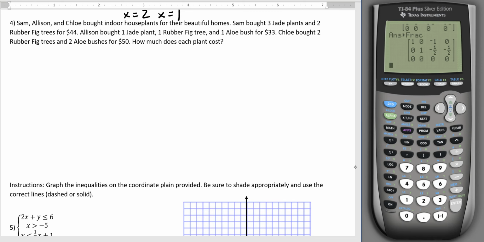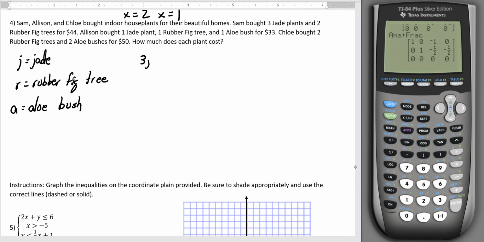Okay, so let's create some variables here. We'll say J equals a jade plant, R equals a rubber fig tree, and we'll say A equals an aloe bush. So let's create these equations. We'll start with Sam.